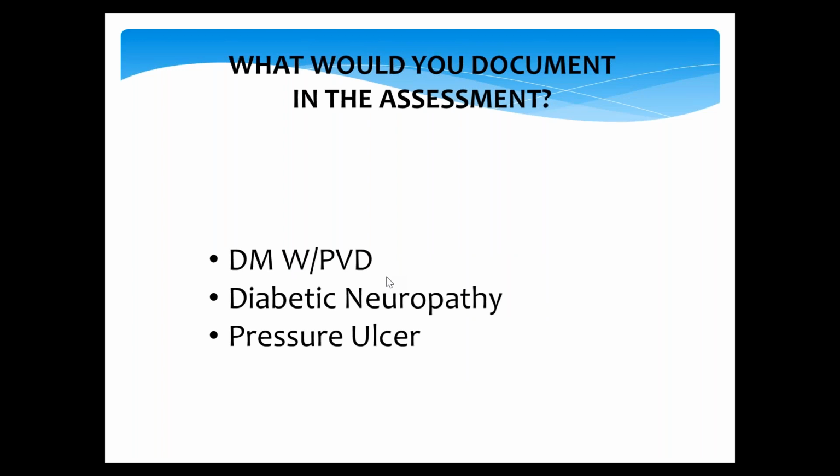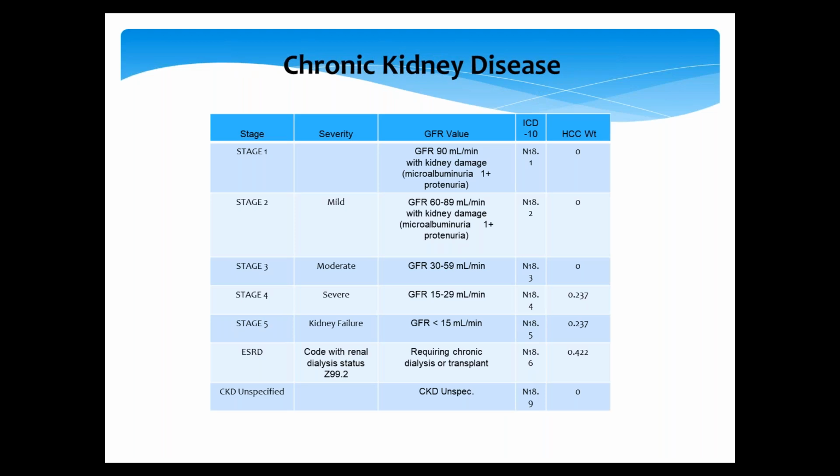Well, we've got peripheral vascular disease, we've got a diabetic neuropathy, and we've got a pressure ulcer. All of those risk adjust. But you can, if you want, include the diabetes with the neuropathy, you can include the diabetes with the peripheral vascular disease, you can include both those diagnoses, but you're also going to get an additional code for the diabetic neuropathy and the pressure ulcer.